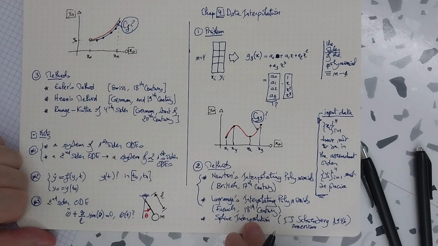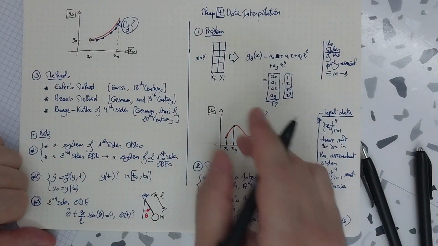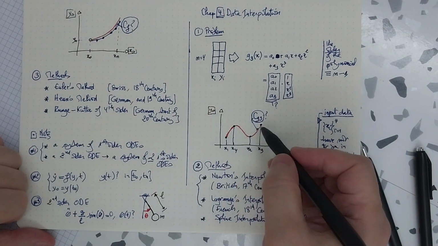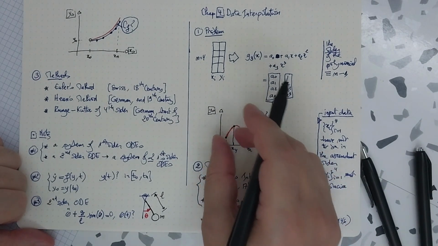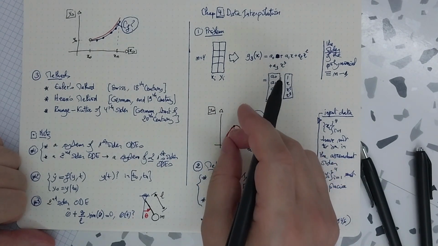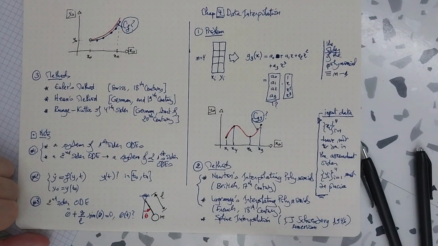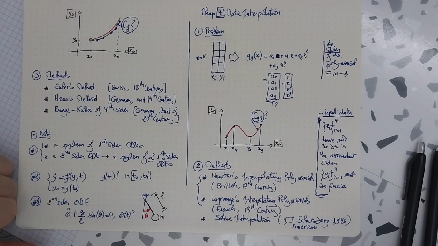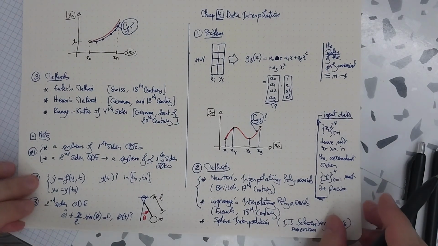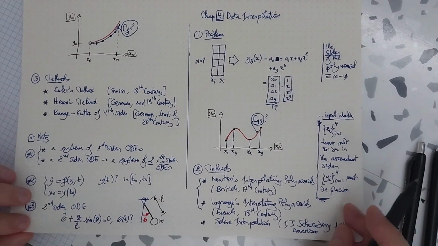And as I said, it interpolates. It also crosses the points, but by interval. The polynomial is built by interval, with some constraints, of course. That's it for chapter 4, data interpolation. Let's move forward with chapter 5.